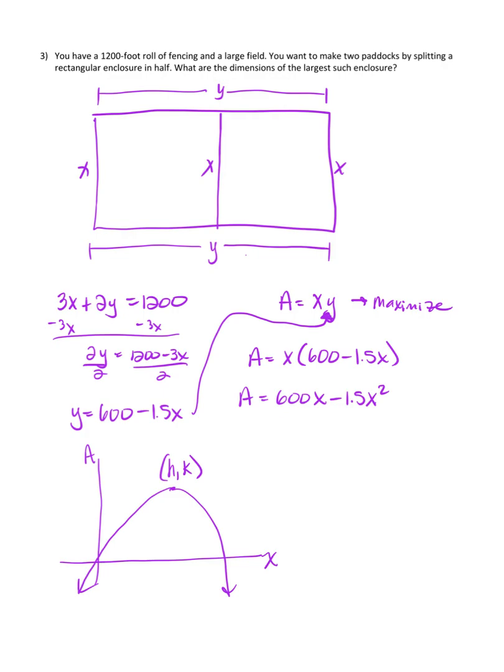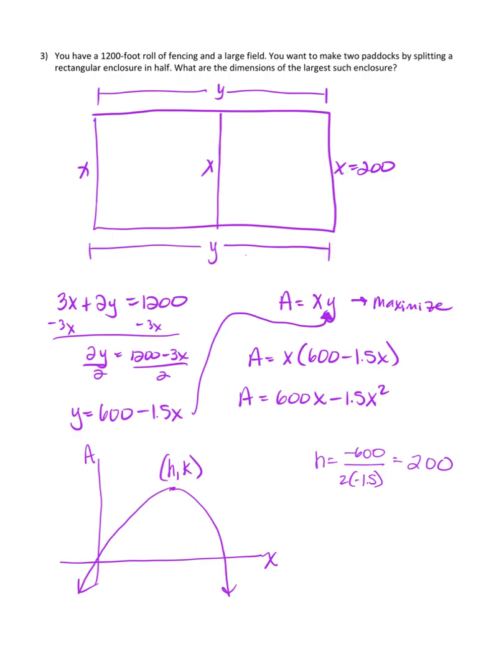I just need h. So h would be negative b, which is negative 600, over 2a, 2 times negative 1.5. So 600 over 3, that's 200. Okay, so x is 200. That's the x value that gives maximum area.